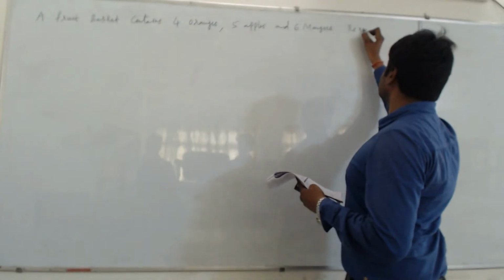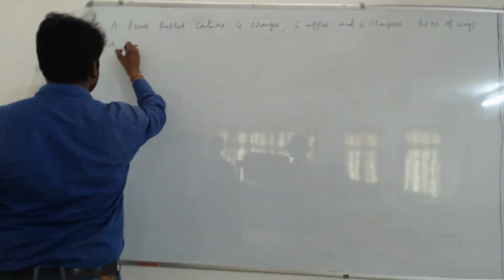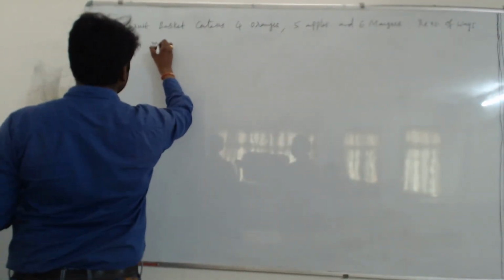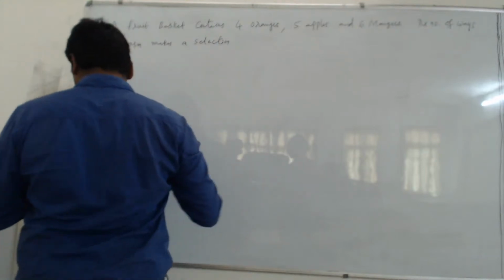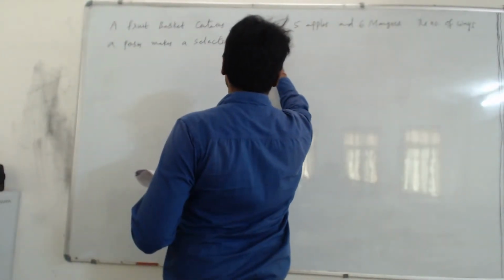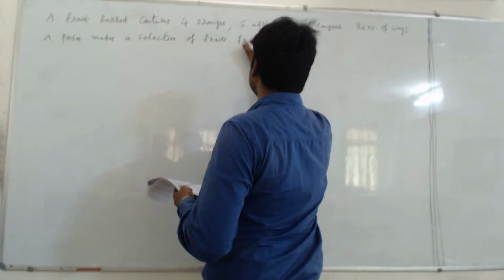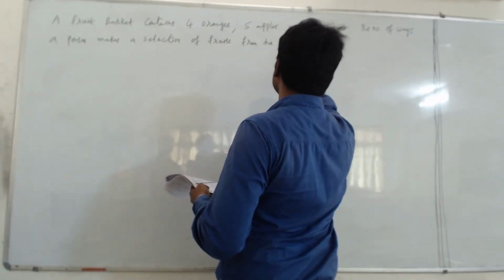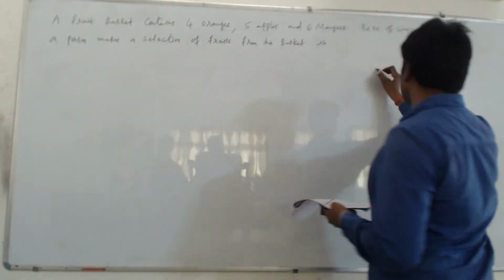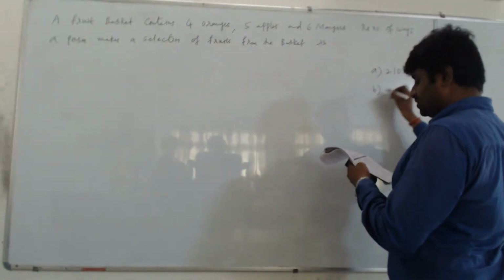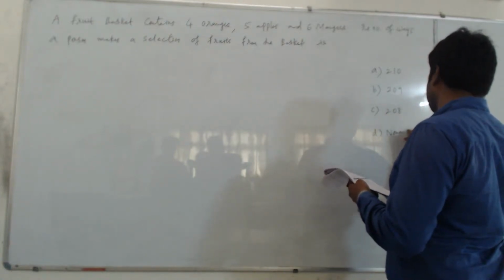The number of ways a person makes a selection of fruits from the basket is: your first option 210, the second option 209, the third option 208, and the fourth option none of these.